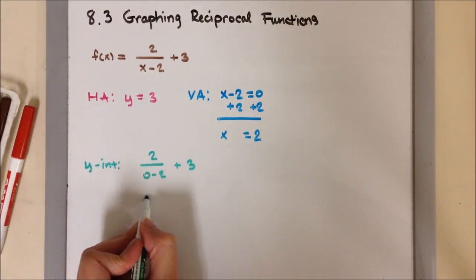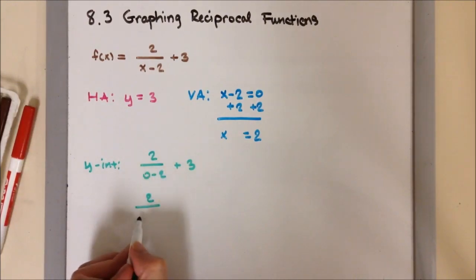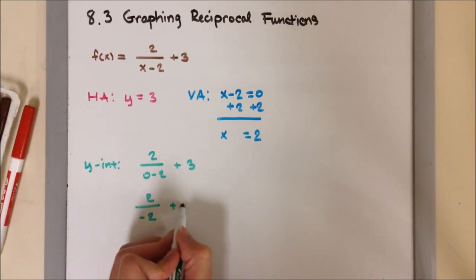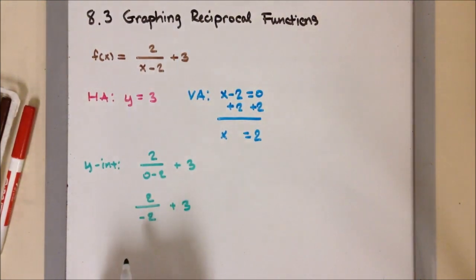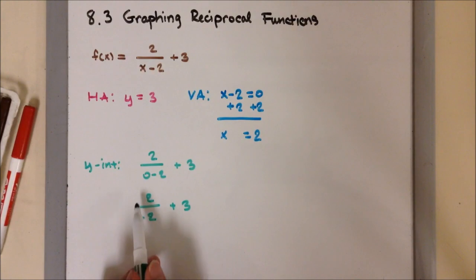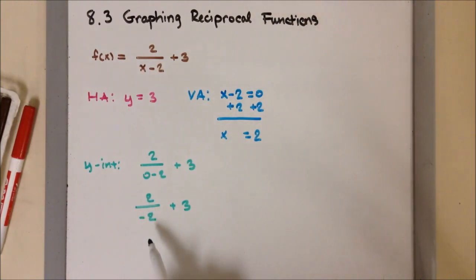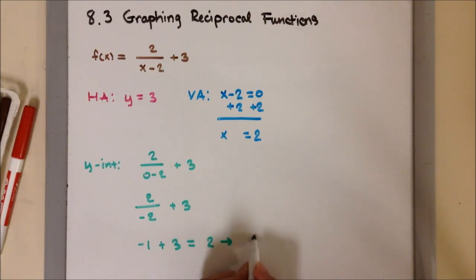For the denominator, 0 minus 2 will be negative 2, and then plus 3. And my numerator stays the same. So I'm going to continue simplifying the fraction. 2 divided by negative 2 will be negative 1, and then plus 3, which will equal 2. So therefore my y-intercept is going to be (0, 2).